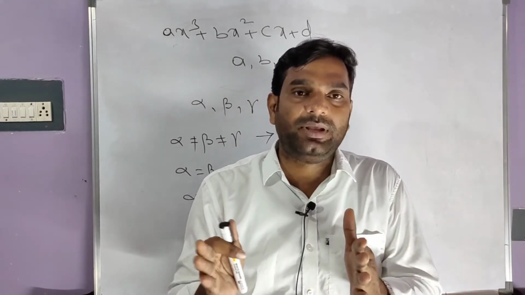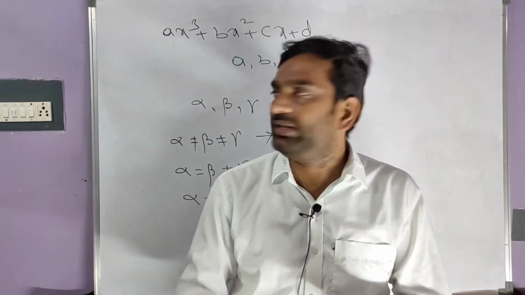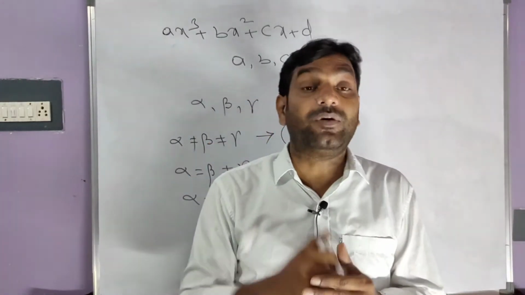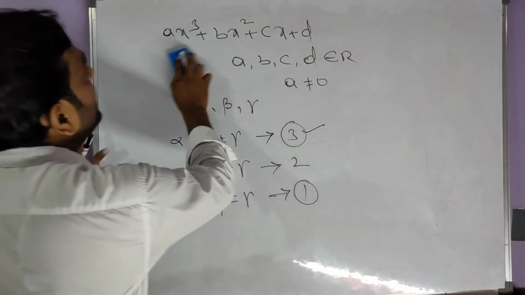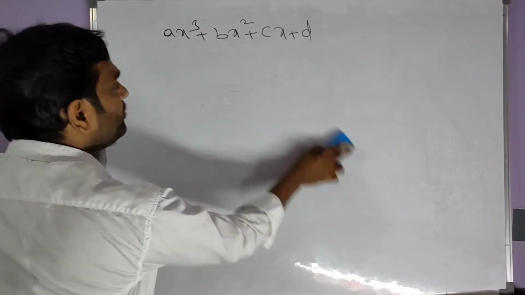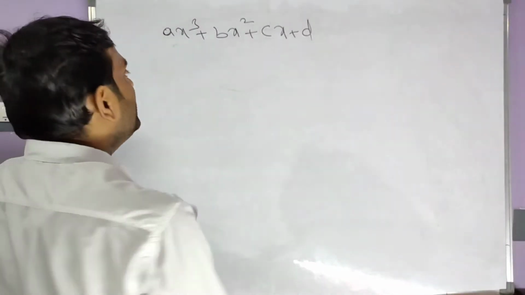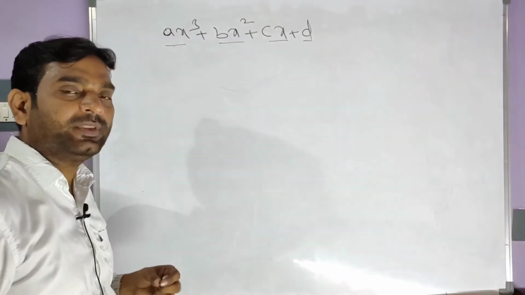Zeros of polynomial and zero polynomial. What is the difference between them? These are zeros of polynomial. What is zero polynomial? If you are given ax cube plus bx square plus cx plus d, a cubic polynomial, how many terms are there? 1, 2, 3, 4 terms are there.